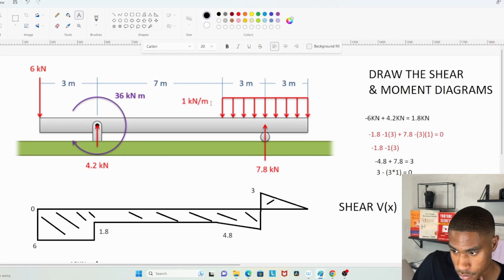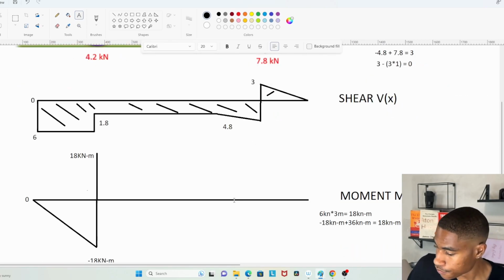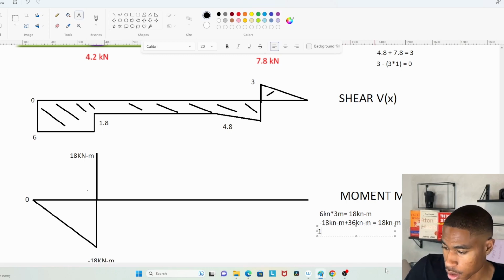Well, we have 1.8 kilonewtons for 7 meters. So the next line item that we'll have will be 18 kilonewton meters.